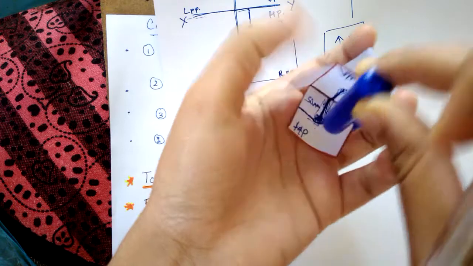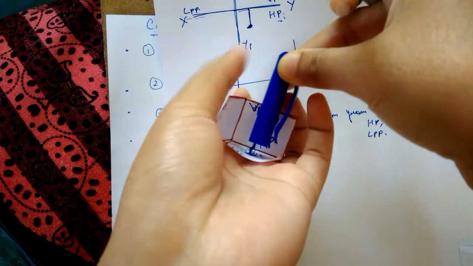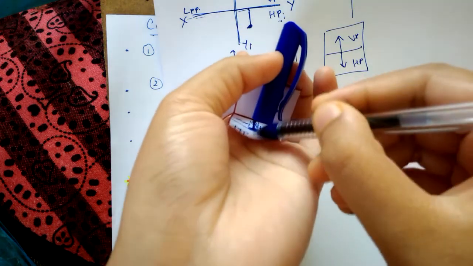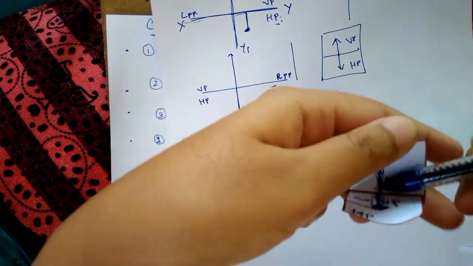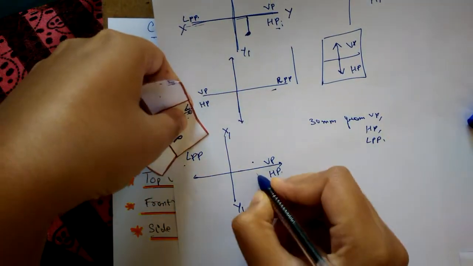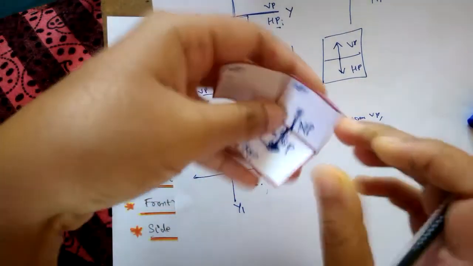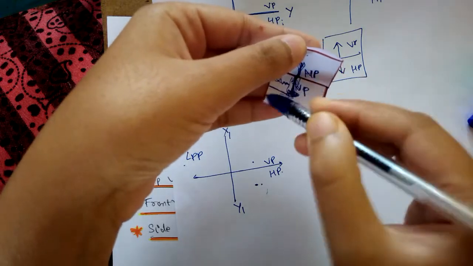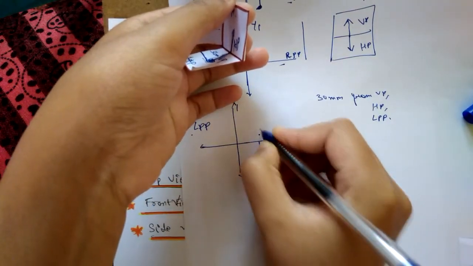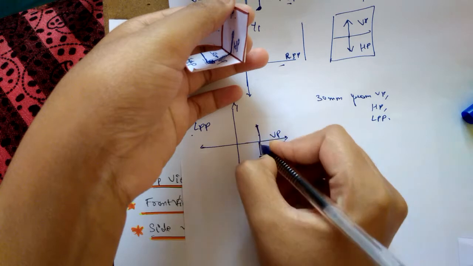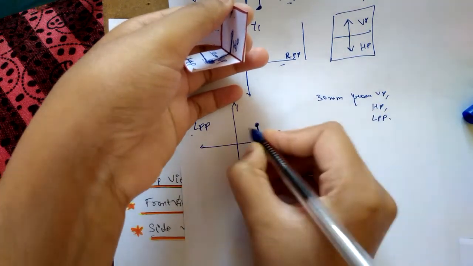Now 30 from HP means this distance. If you project this line backward on VP, you'll get this distance. So this point was 30 from HP, VP, and LPP. So this distance will be 30. Then again, there will be another view on VP, that will be 30.